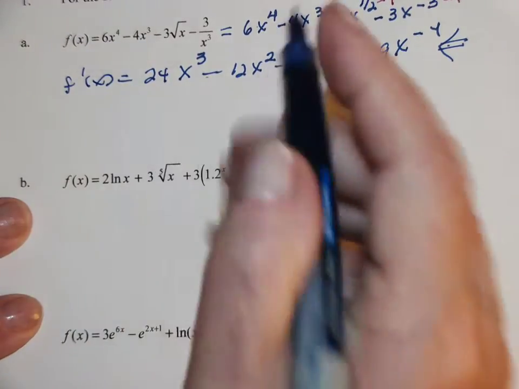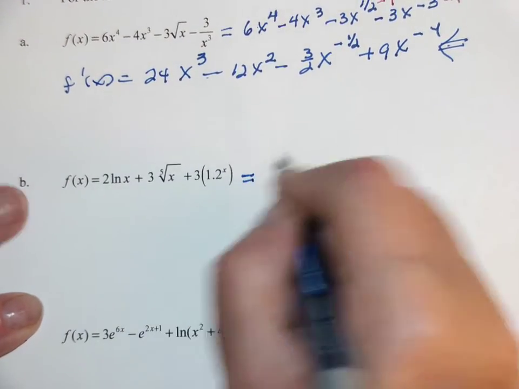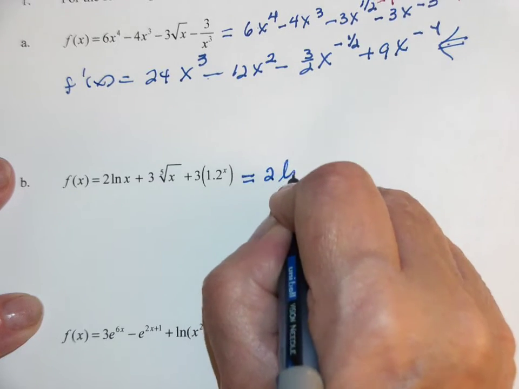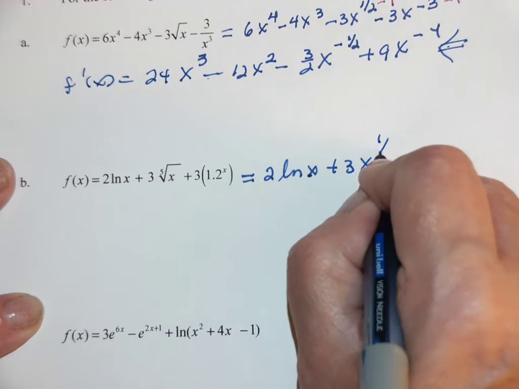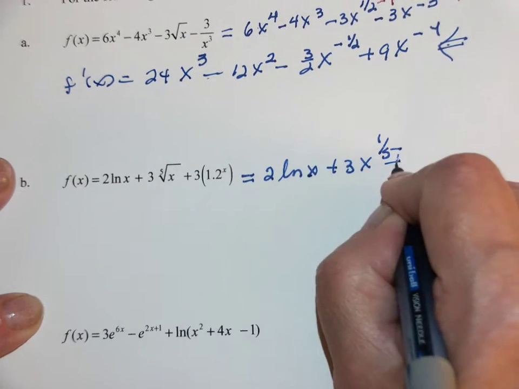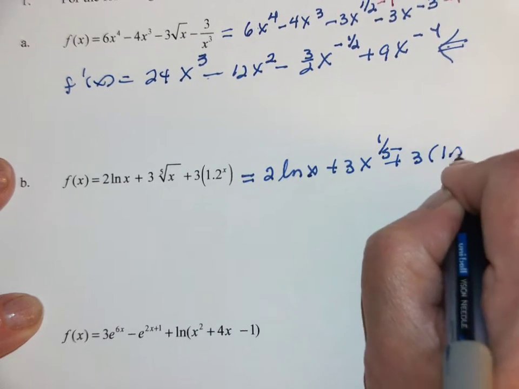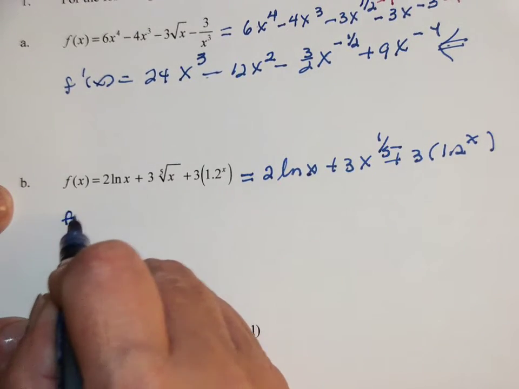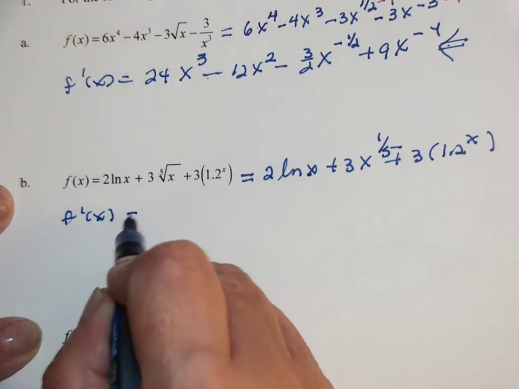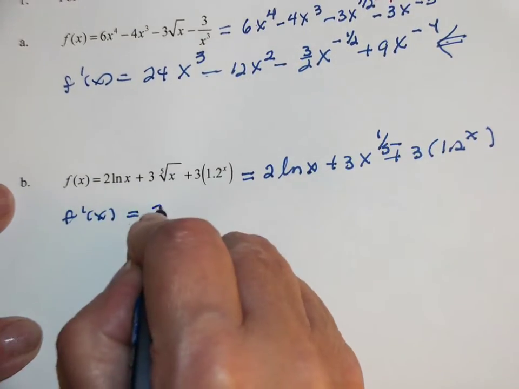This one again, I'm going to have to rewrite because of that radical. So this is 2 ln x plus 3x to the 1/5 plus 3 times 1.2 to the x, so that f prime is 2.